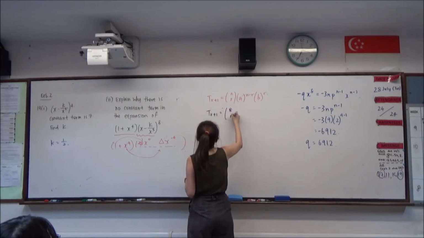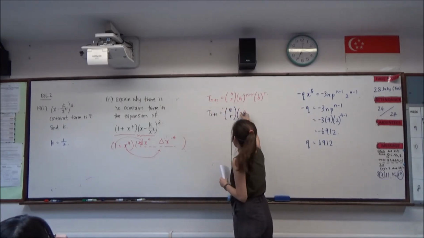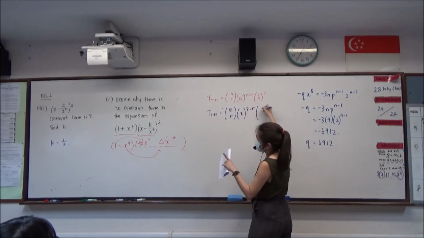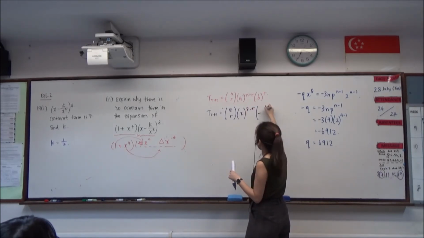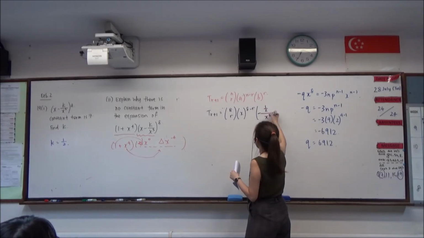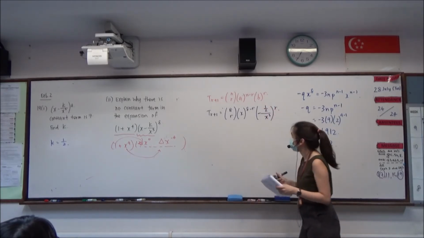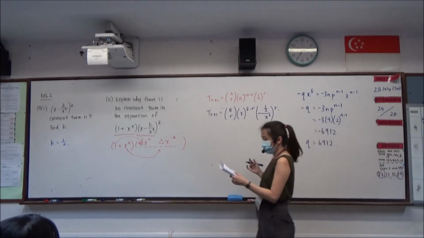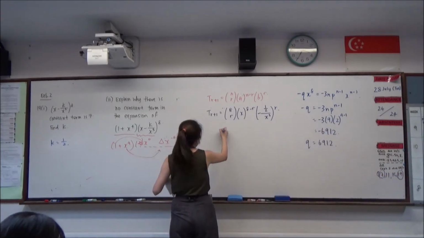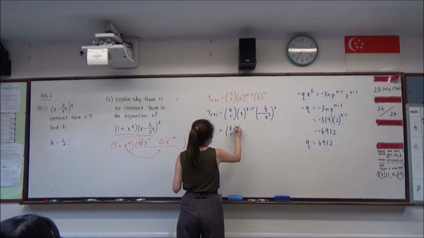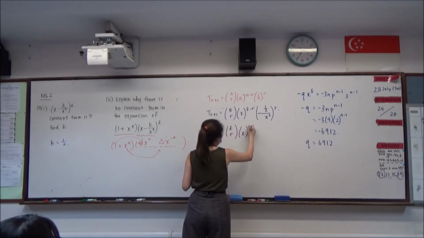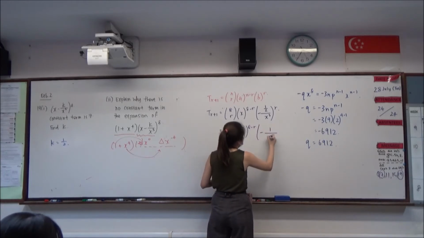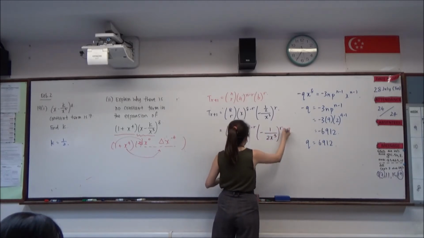For the expansion, I will have 8 choose r. a is x to the power 8 minus r. b is negative half over x cubed, to the power of r. Now I'm using the k value half already. You might already have a simplified form for part I, so it depends on yourself. This simplifies to negative 1 over 2x cubed, to the power of r.